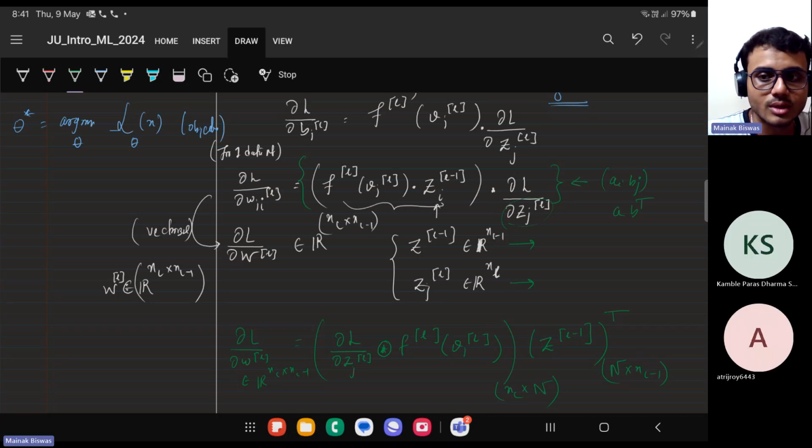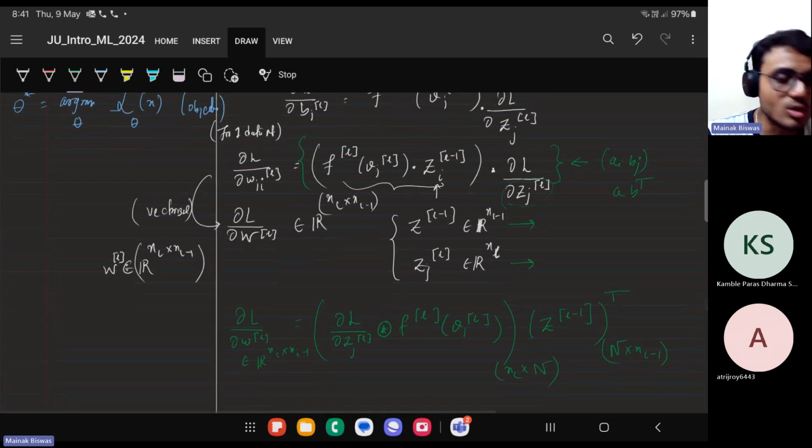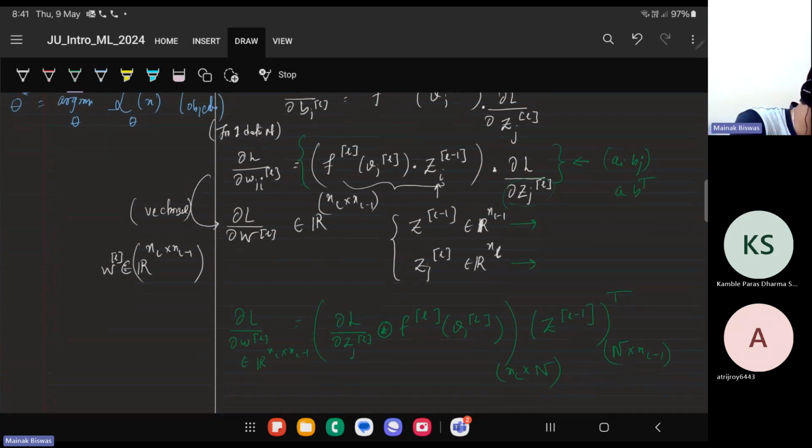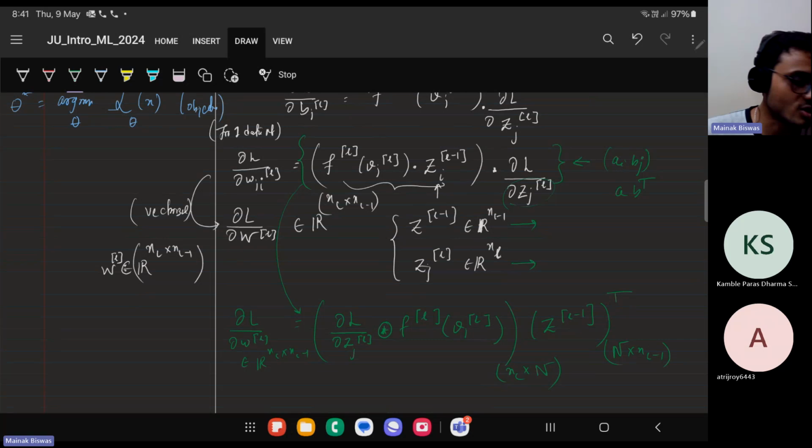So all I did is write this derivative in vector form. Because AiBj means AB transpose, I just wrote A times B transpose. When I write that, it doesn't matter the number of training examples I have, because 1 and n both will give me an NL by NL minus 1 dimension. That's the idea.